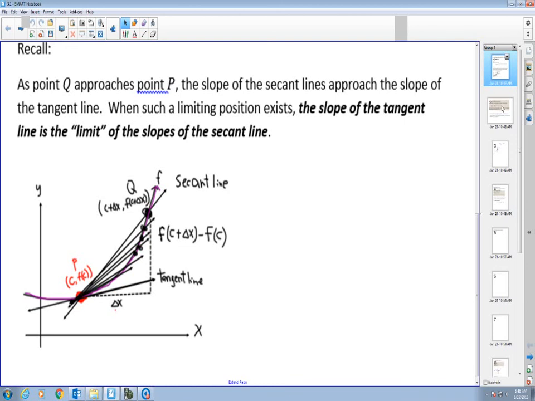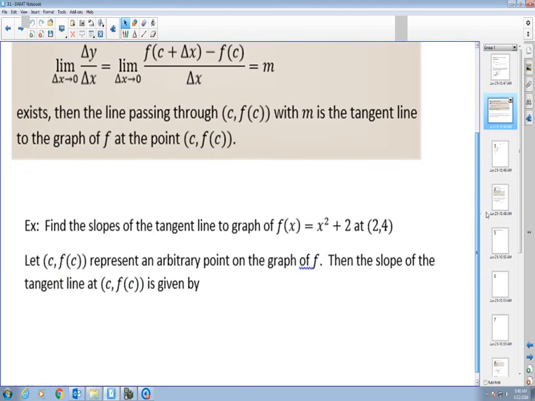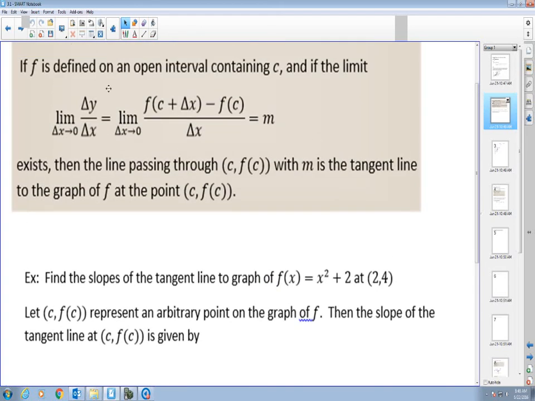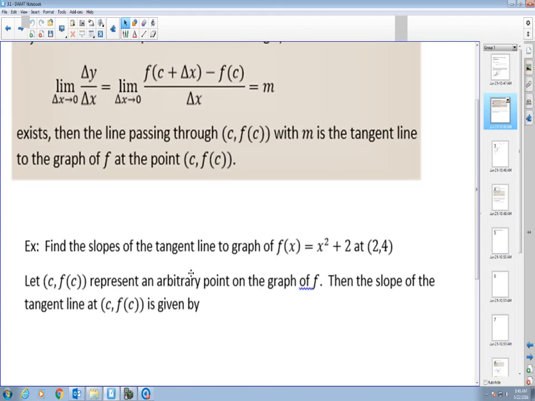So this is a very interesting problem, explaining how this limiting process can help us.